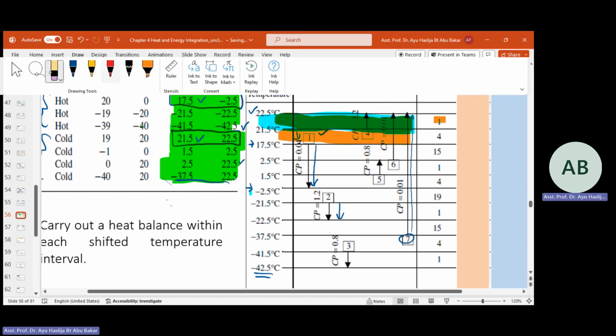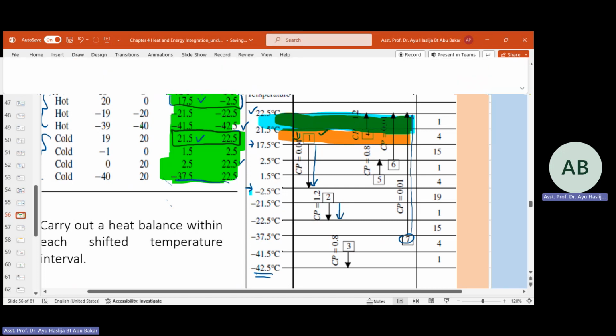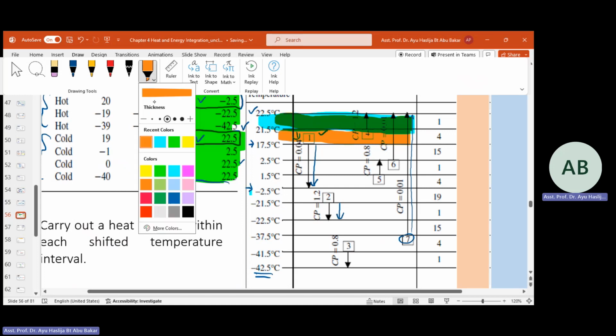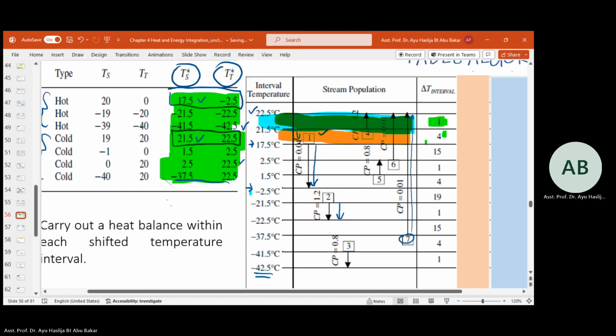That value is not fixed for each of the exercises. It won't be the same because it depends on your interval temperature. How to get it: 22.5 minus 21.5. So find the delta T for each interval. You have a big area up to 19 delta T, and you have 1 as your delta T.